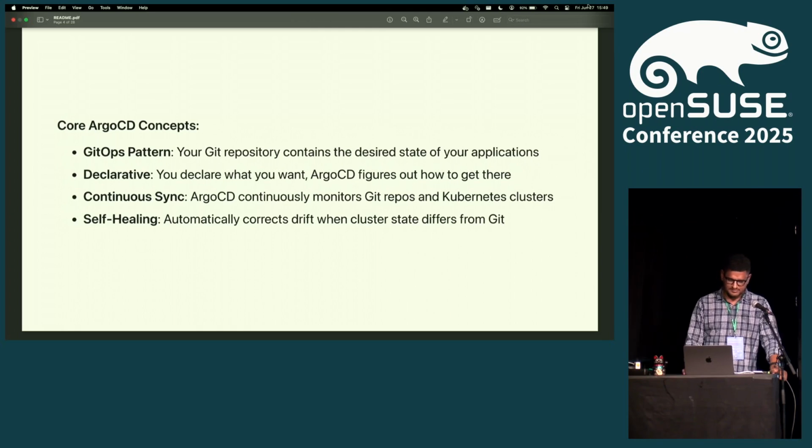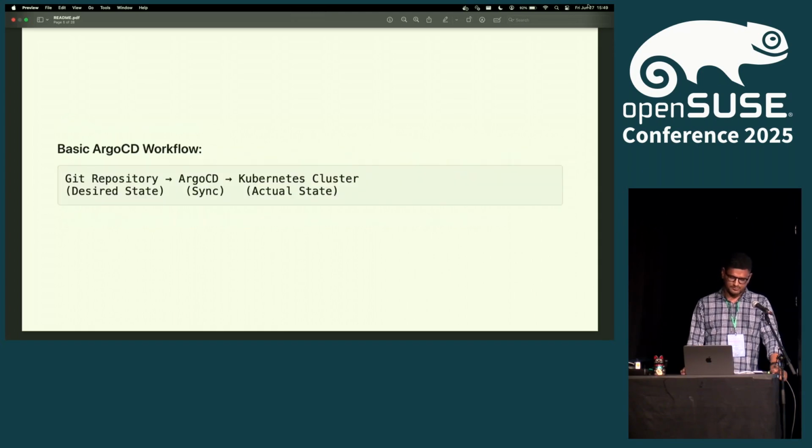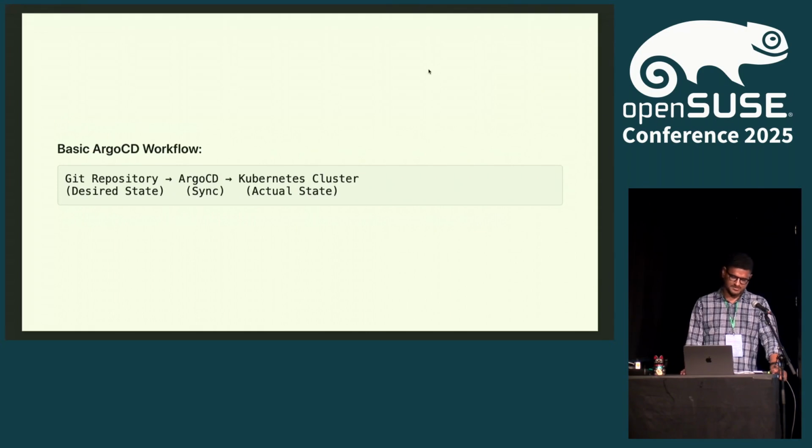If something accidentally goes wrong in the Kubernetes cluster, it can restore the state of your application to what was in GitHub before. So this is the ArgoCD workflow: you have the desired state in your Git repository, and ArgoCD syncs that and maintains your Kubernetes cluster.